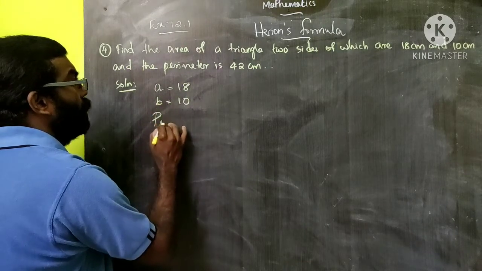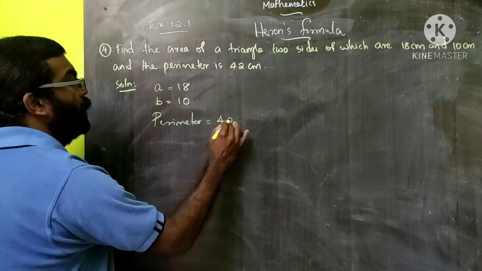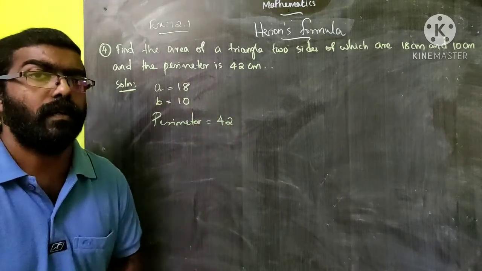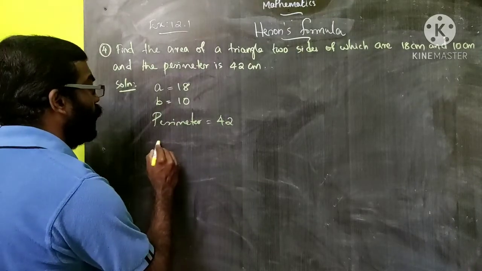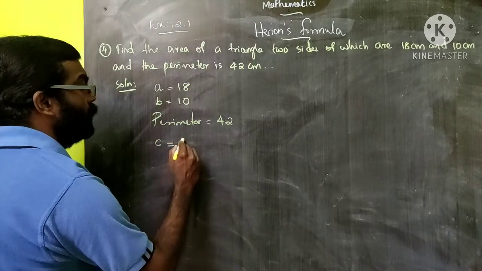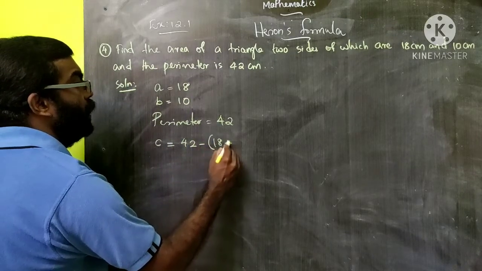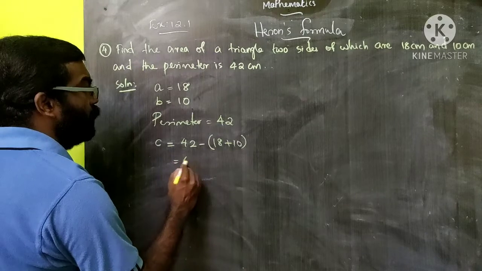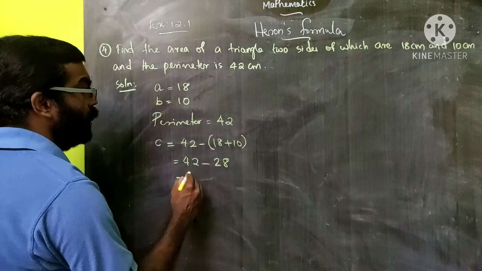And perimeter is given as 42. We know perimeter is the sum of the three sides of the triangle. Right. So from this we can find the third side C. C is equal to 42 minus sum of the other two sides, 18 plus 10. So 42 minus 28, which gives 14.